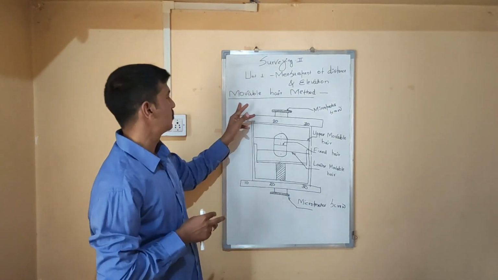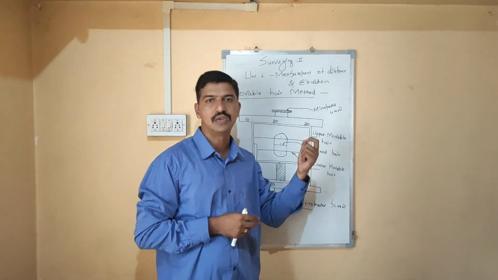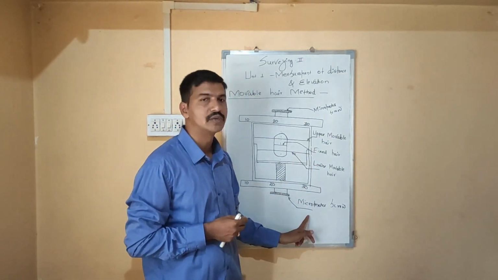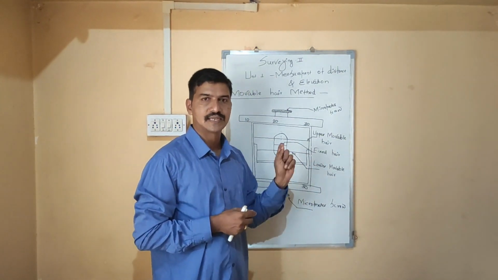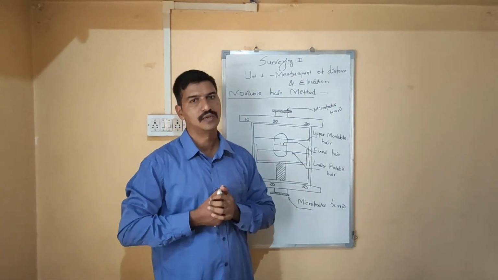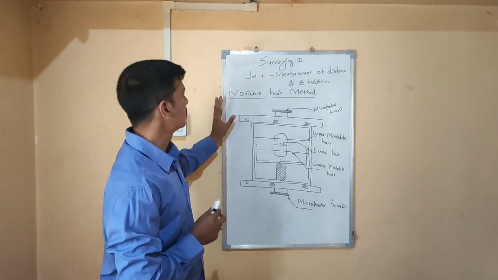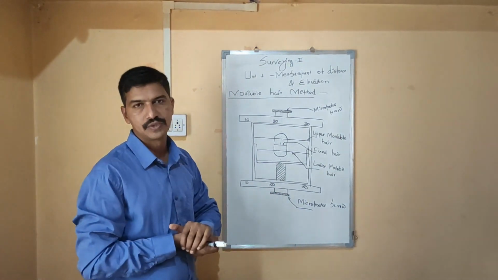But in the movable hair method, we can move the hair. We can move the hair by using some micrometer screws, and then we have to take the reading. Okay, so let us start with the discussion of this movable hair method.